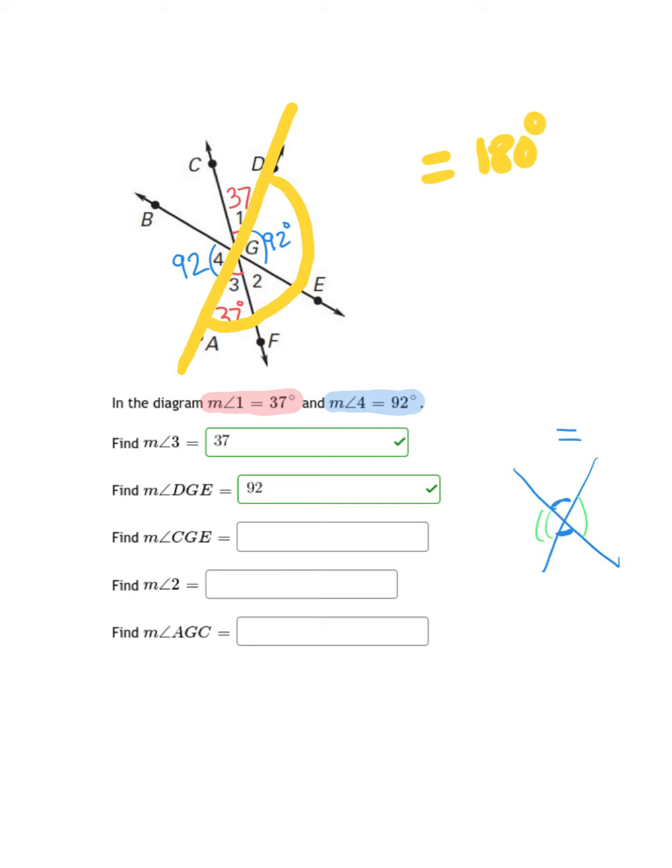So to get this angle right here, I can take 180 minus this angle, minus 92, minus this angle here, minus 37. Okay, so this angle right here has to be 51 degrees.